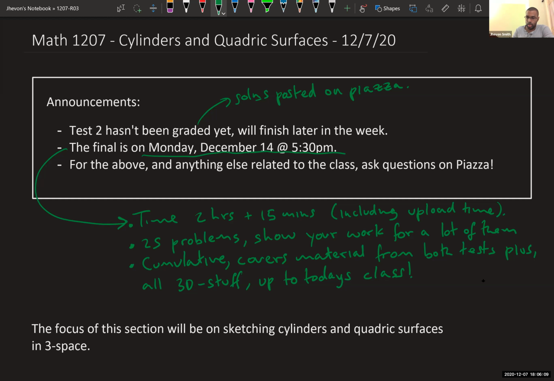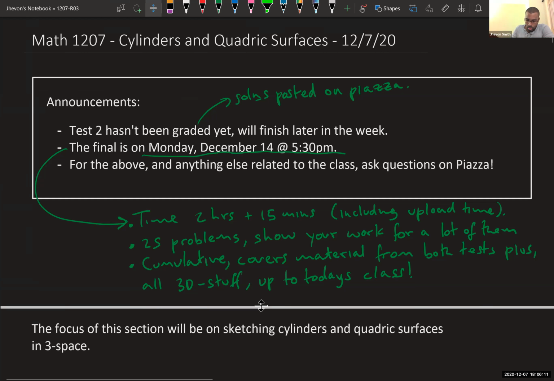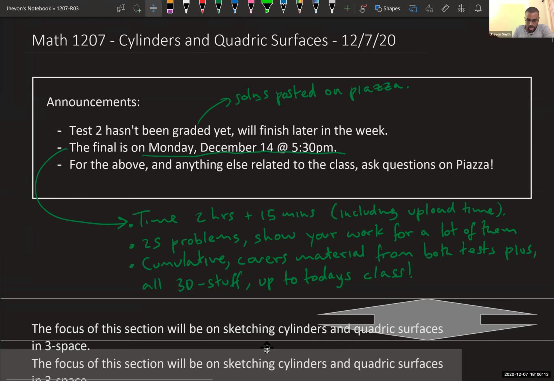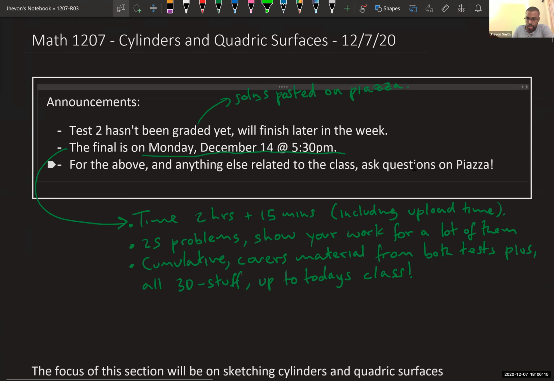What else do I want to say? Yeah, as usual, if you guys have questions on the material or on the solutions to test 2 or anything that has to do with the material itself in the class, I would recommend that you ask it on Piazza. It's more efficient for everybody. I can answer the question for one person, and everyone sees the answer. So if you want me involved, that's how to get me involved.